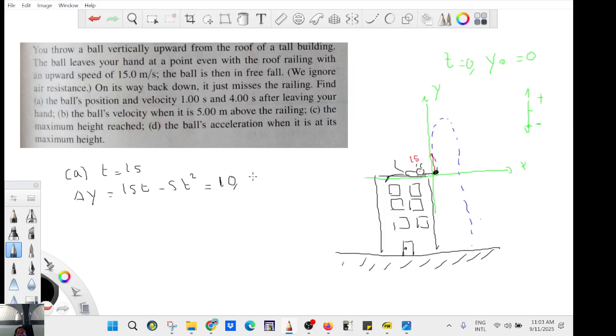And then the velocity, okay, it's going to be the initial velocity and it's going to decrease every second by 10. So that's going to be 5. So it means it's positive.